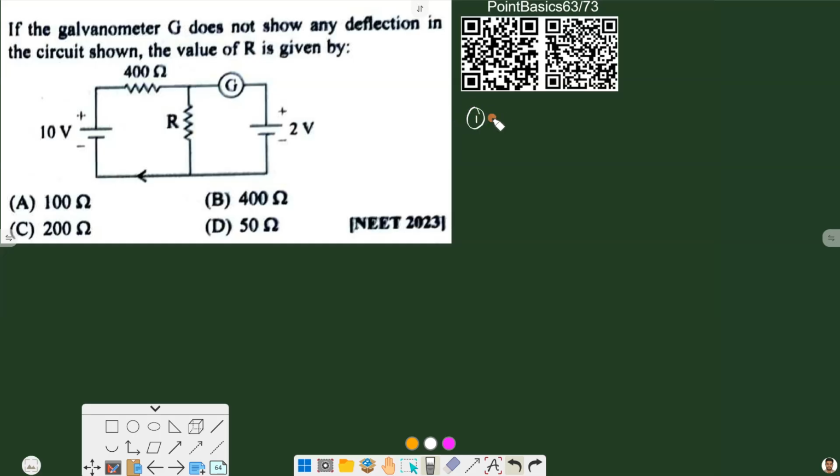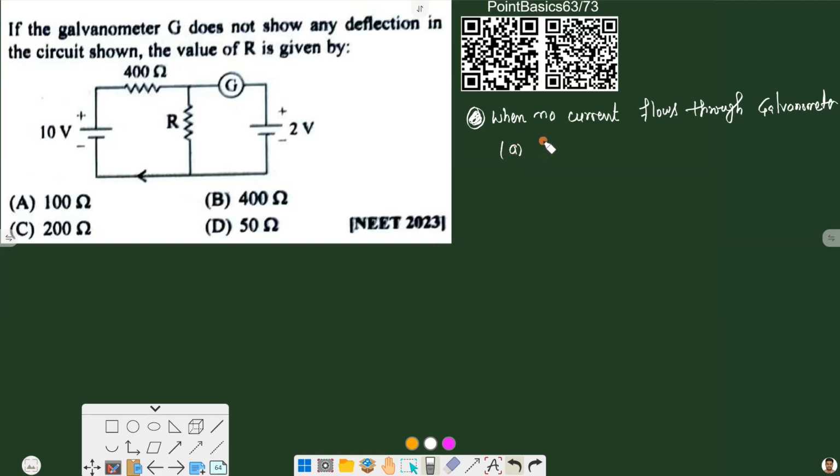Number one, it is the only condition when no current flows through the galvanometer. When no current is flowing through the galvanometer, only then it will show no deflection. And that can happen in two ways.